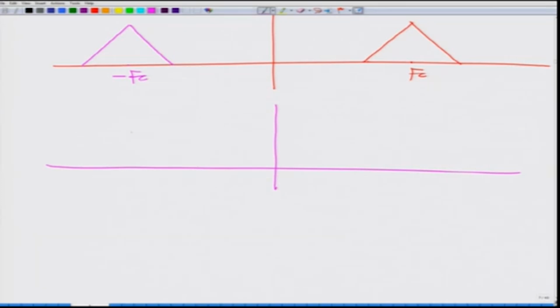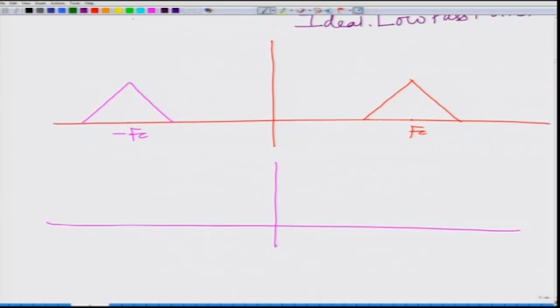Again I choose an ideal low pass filter. Look at this, if the low pass filter is 1 between minus Fc and Fc, correct. So, this is my X(f), which is the spectrum of the DSB SC signal.